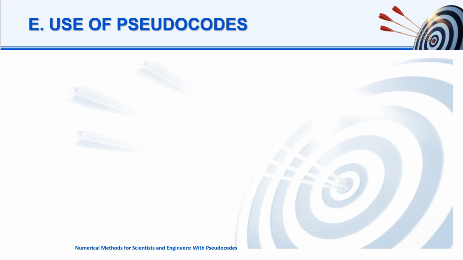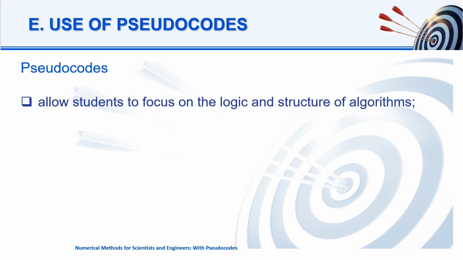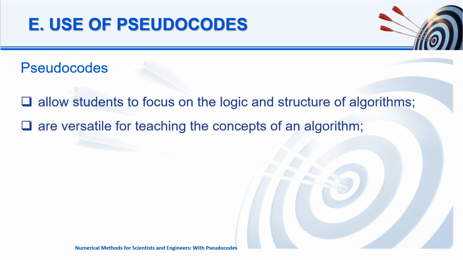Other benefits of using the pseudocodes are: they allow students to focus on the logic and structure of algorithms without getting bogged down by programming language specifics. They are versatile for teaching concepts that can be applied in different languages.